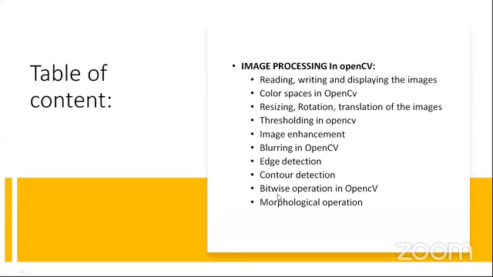And at the end of the session, we will cover two applications of OpenCV. The first is face detection. The second is road lane detection, which we use in self-driving cars.